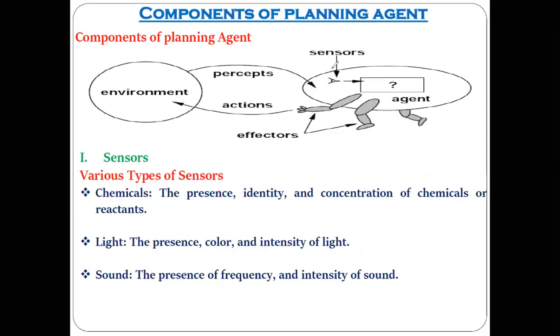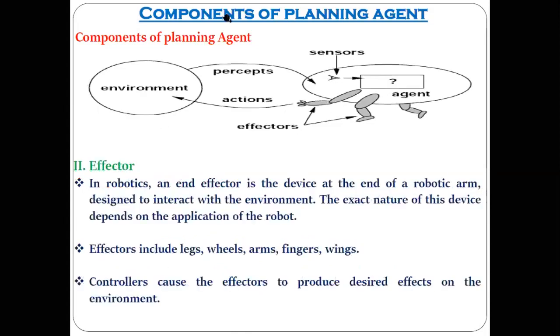There might be more than these. Okay. Next important, now we have covered the first component, that is the sensor. Correct? Understood? Now with this sensor, you can see here I have shown another component of the planning agent, that is the environment.